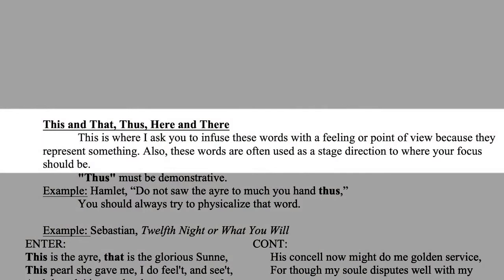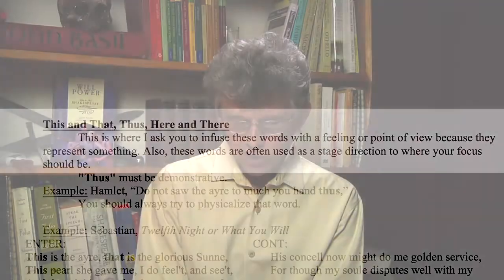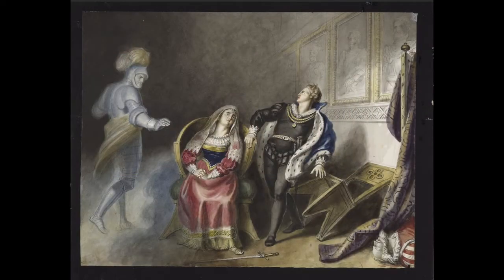This, that, thus, here, and there can seem like throwaway words, but they're not. You need to give them extra attention. Sometimes this or that is loaded, packed, and it explodes with meaning if it is. Hamlet, in the closet scene with his mother Gertrude, has two pictures, one of his father and one of the new king, the brother.